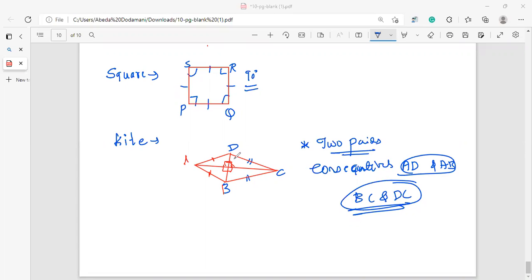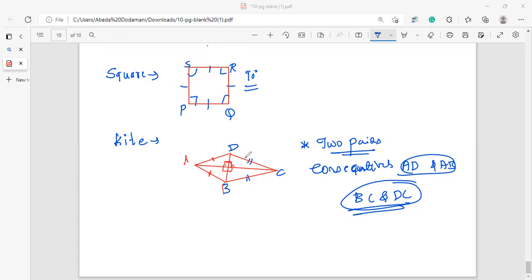So one of the diagonals bisects the other. If I consider this diagonal, this will make equal parts, and this particular diagonal will be bisecting the other diagonal exactly into equal parts.